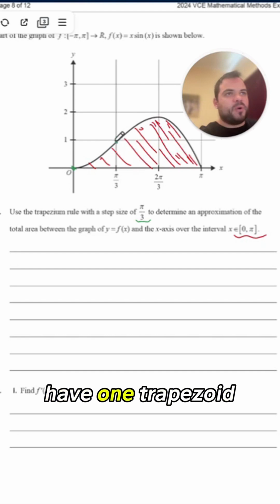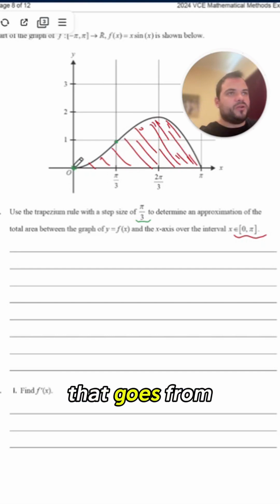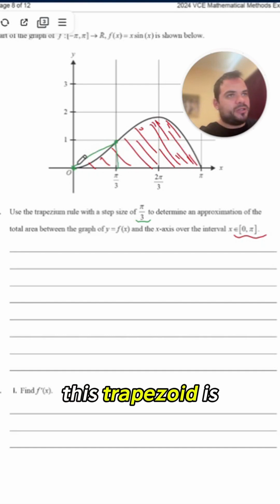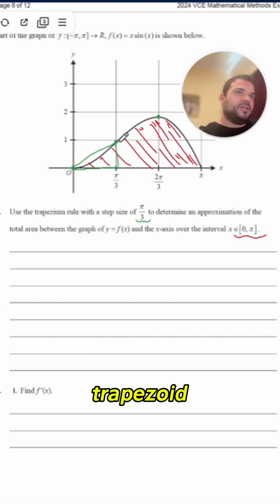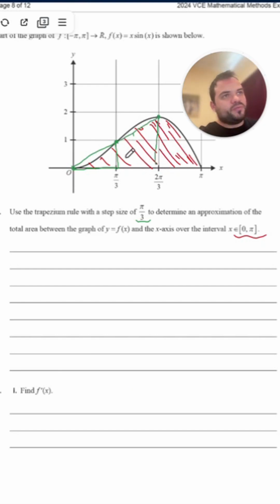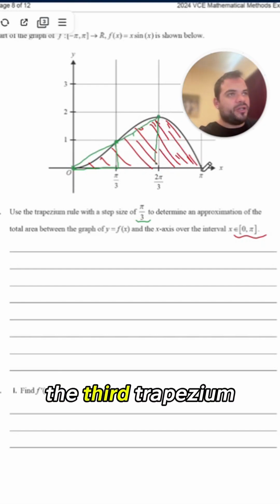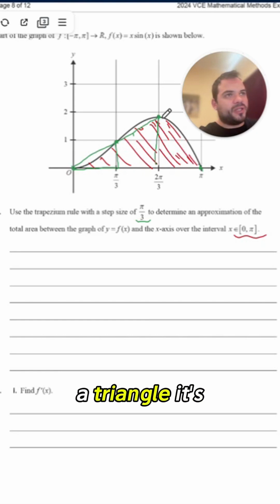So we're going to have one trapezium that goes from 0 to pi on 3. This trapezium is actually a triangle. For the second trapezium, step size of pi on 3, so from pi on 3 to 2 pi on 3, we've got a trapezium here. And then the third trapezium is actually also a triangle.